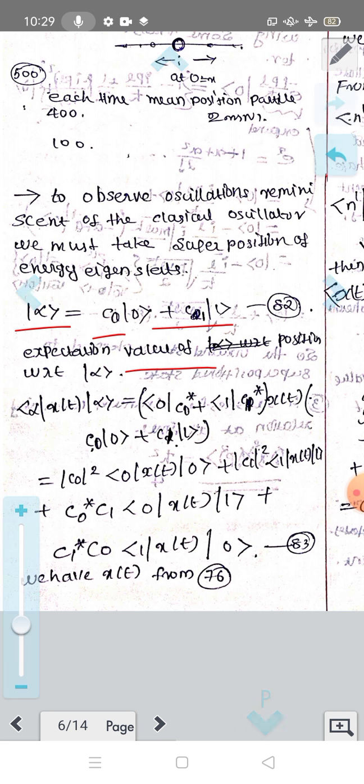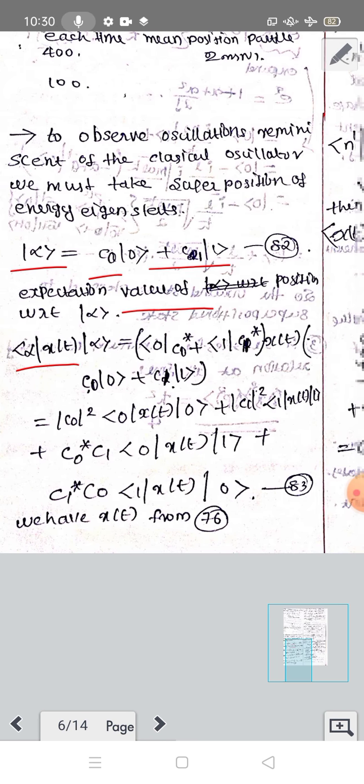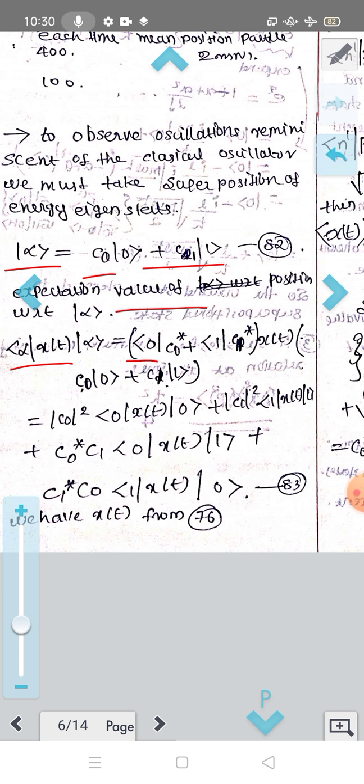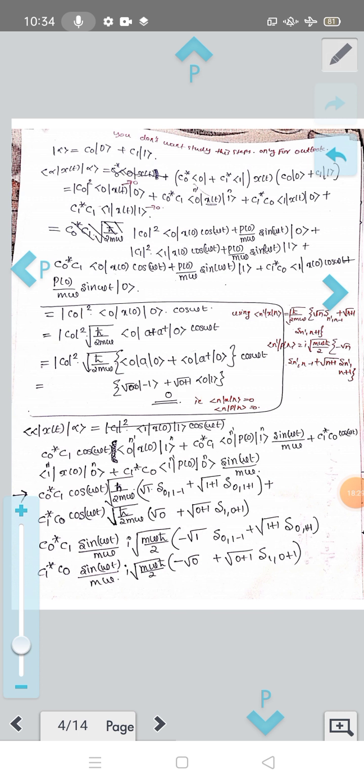So the expectation value of the position with respect to ket alpha, we can write as bra alpha x of t ket alpha, which is bra 0 C0 star plus bra 1 C1 star, x of t, into C0 ket 0 plus C1 ket 1. This is the step by step evaluation.